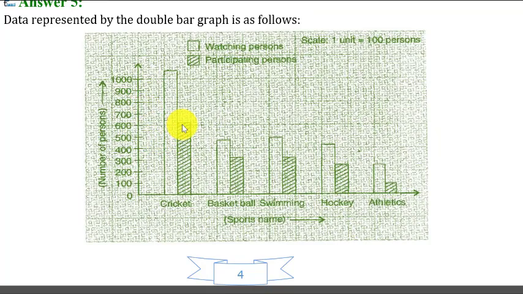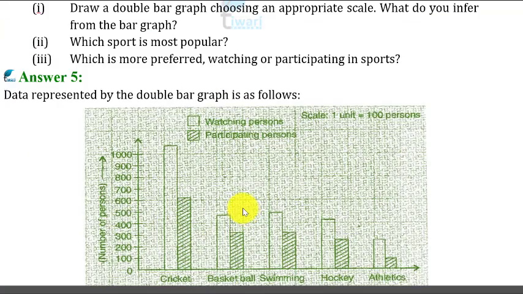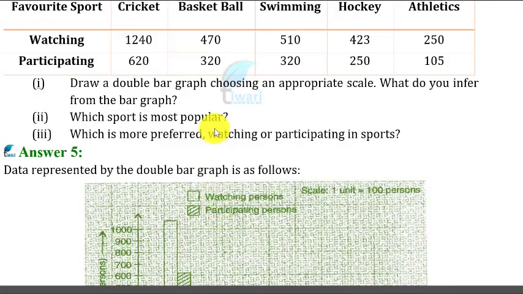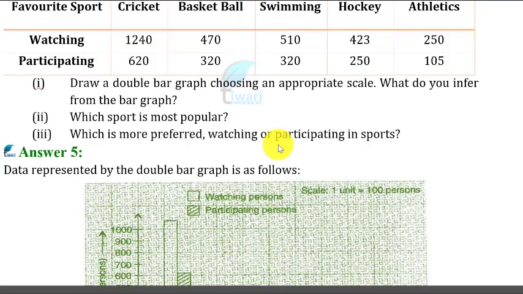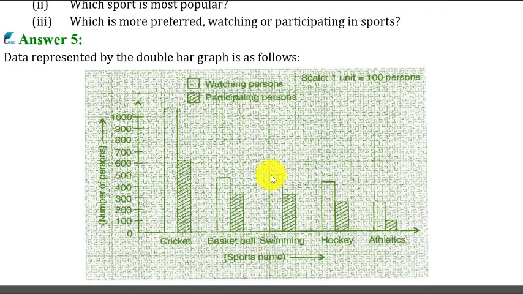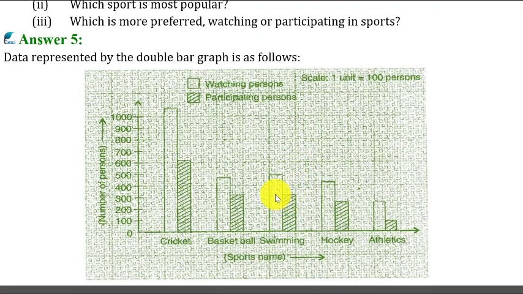After 600, second line, like that we can continue here. 470, so 470 is in between 400 and 500, and then 320, which is after 300, second line. Swimming here is given 510, so after 500, first line, and 320, so 320 after 300, second line.